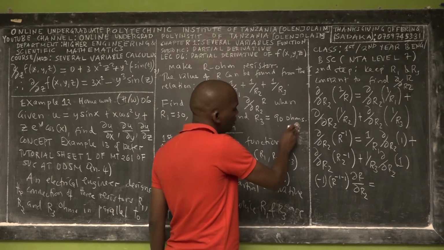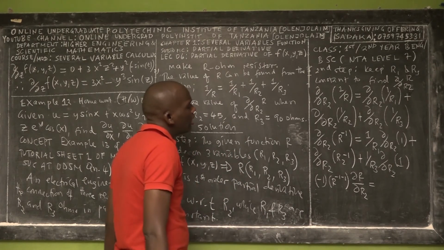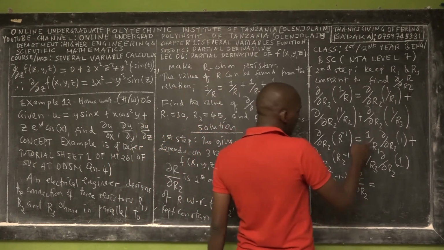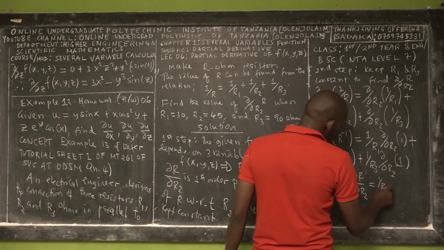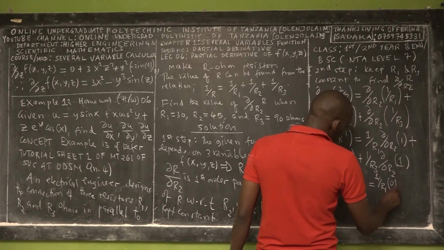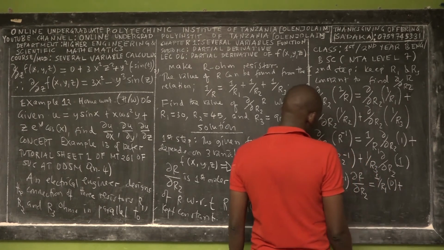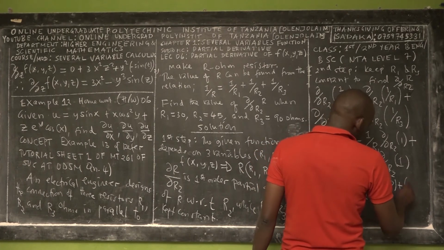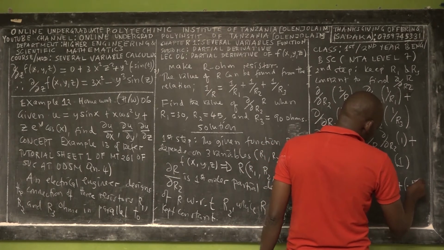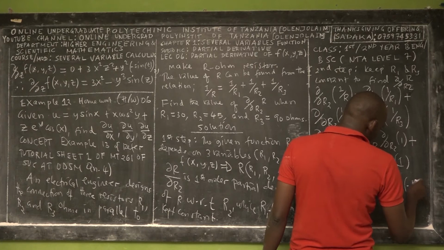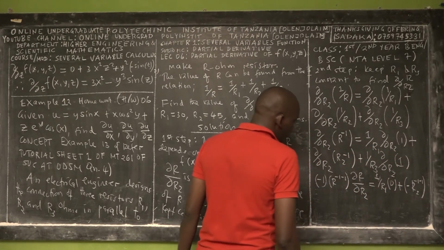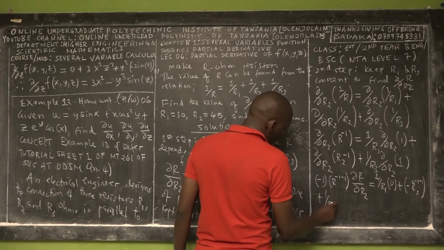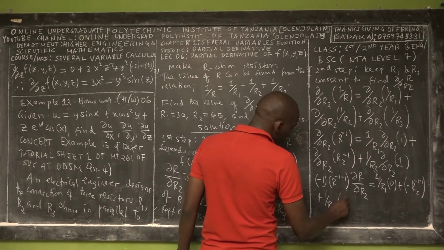The same technique we use here. So here we have 1 over R1; if you differentiate 1 with respect to R2, this is 0. Plus, differentiating this again, we have negative R2 to the power negative 1 minus 1. And then plus 1 over R3 times 0.